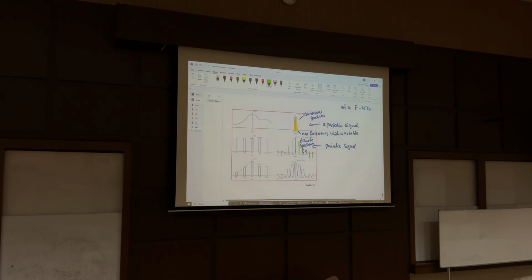And now comes the modulation. We get this aperiodic spectrum now here. Let me just do this in red.